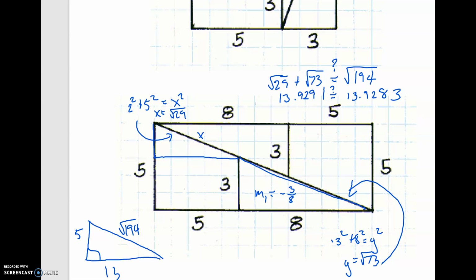The slope of this triangle up top here should be the same. So m sub 2 is going to be equal to negative 2 over 5. Negative 2 over 5 is not the same as negative 3 over 8. So what we actually end up having happen here is that this is not a right triangle, and negative 3 over 8 is actually going to be less than negative 2 over 5.